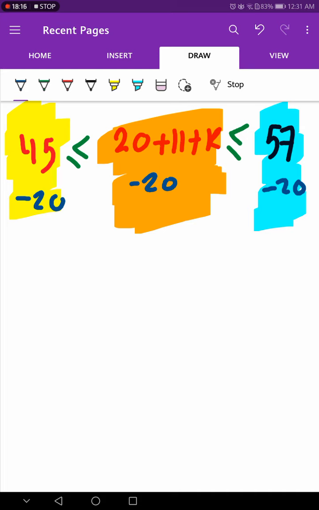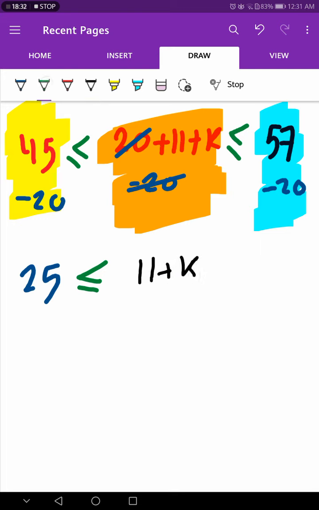This cancels this, and in the left I have 25, and 11 plus k, and less than 37, I think here. I'm good in subtraction.